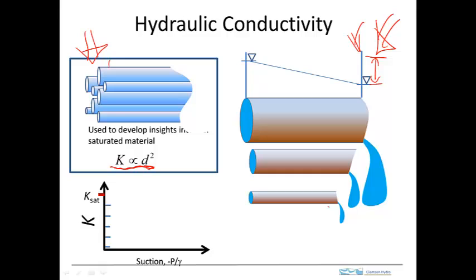Okay, now let's pull some tension. We do this by draining out some of the water, and remember that the big pores will drain first. So we start to drain the water out, and this big pore drains, and all that remains is water around the edge of the pore wall.